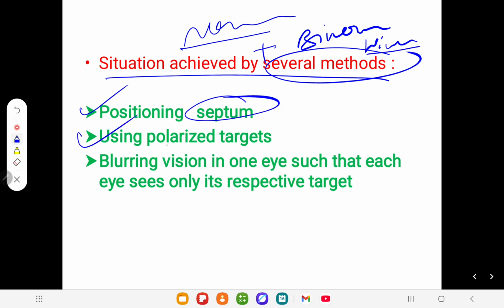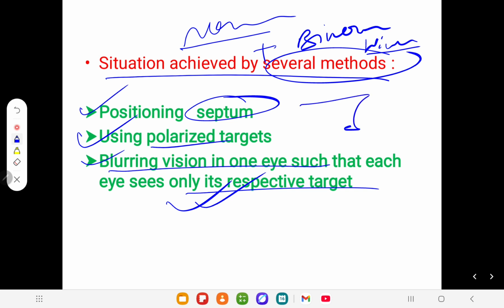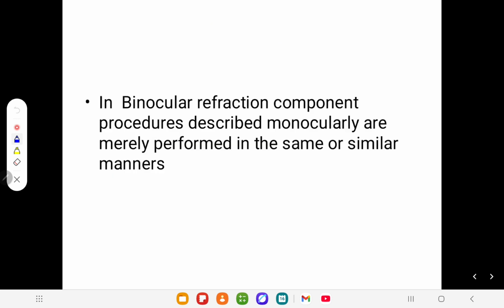We can use a polarizing target and polarizing lens maybe, and blur the vision in one eye such that each eye sees only its respective target. That means one eye is consciously blurred but not totally occluded. Just remember that, not totally occluded. We can make the other eye blurred by fogging too, isn't it? So these are the three techniques we usually use.